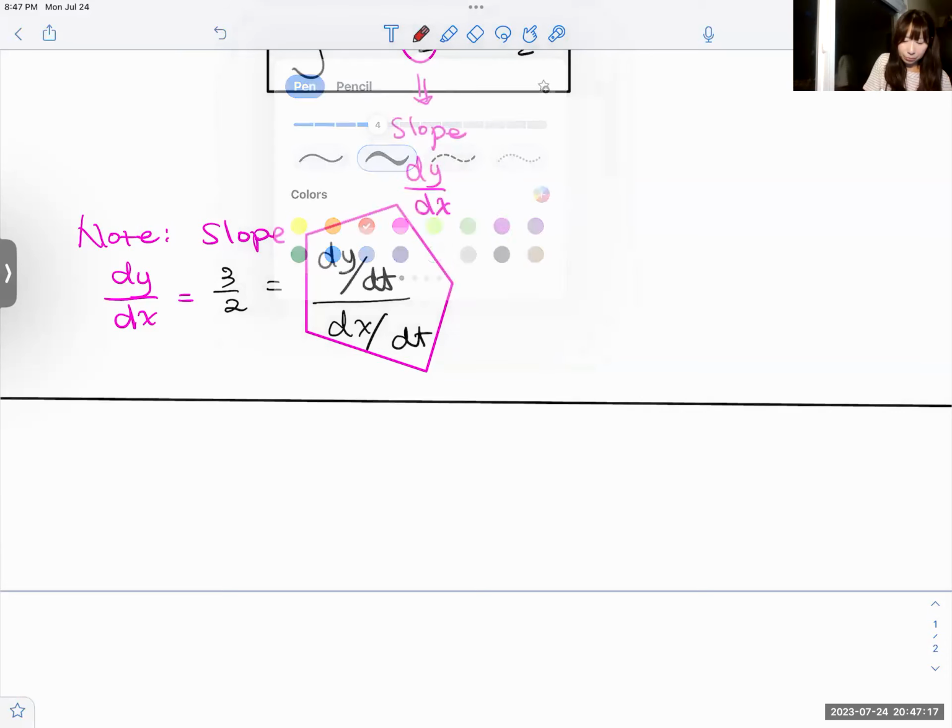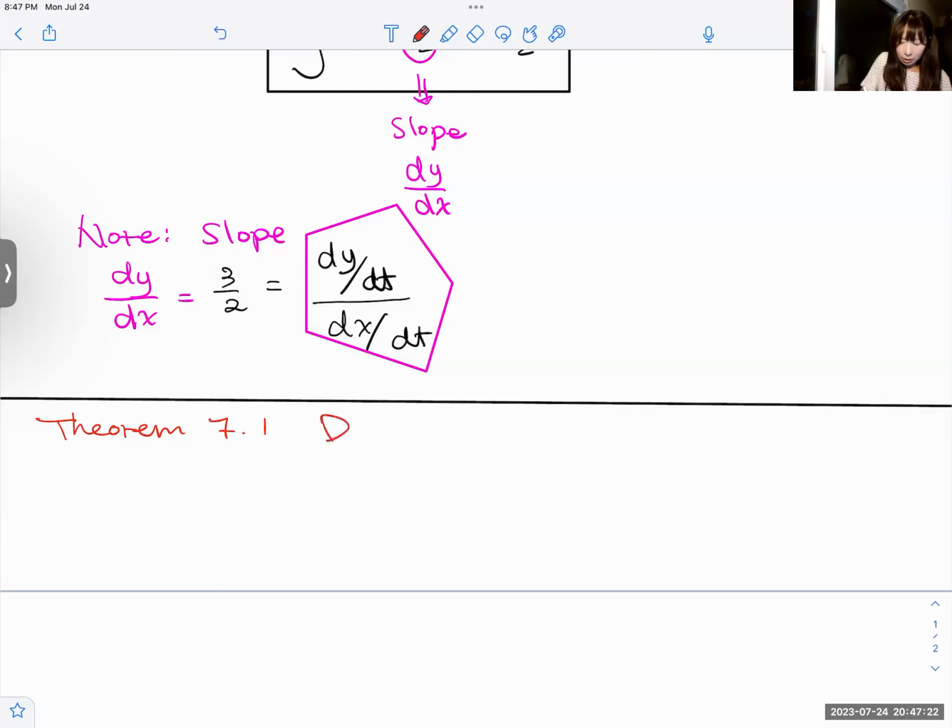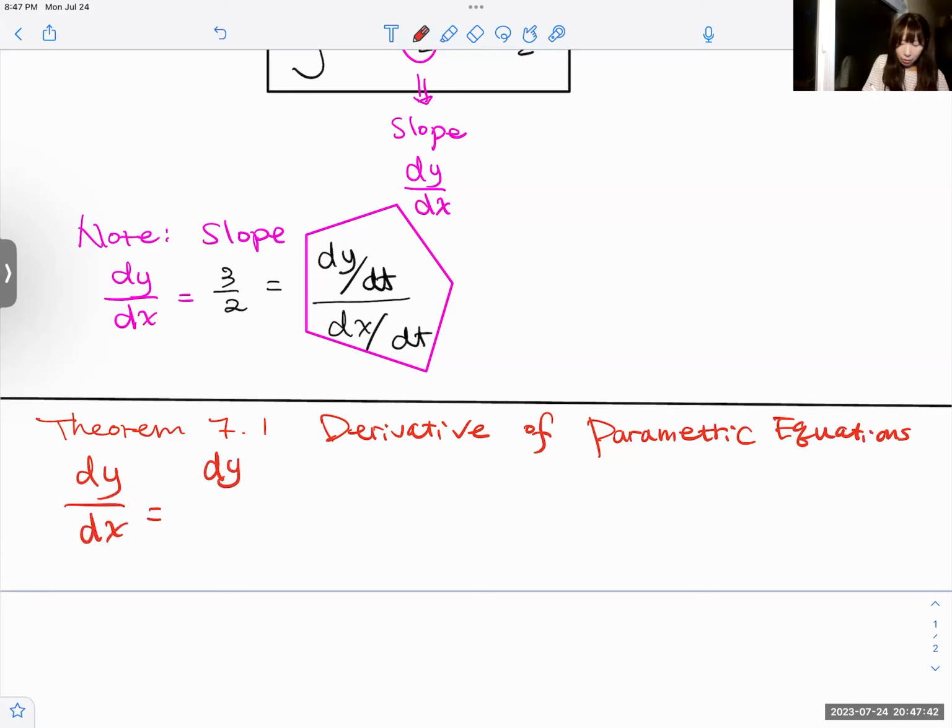Theorem 7.1, derivative of parametric equations. So we have dy over dx, which is dy over dt over dx over dt, which is y prime of t over x prime of t.